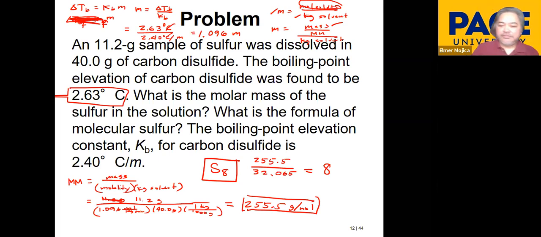So, questions so far before we go to the last colligative property? Question?